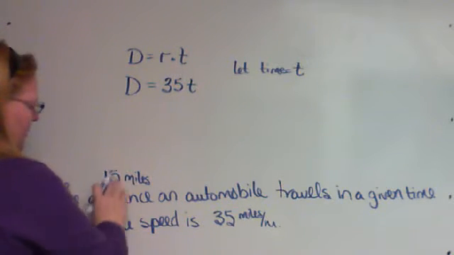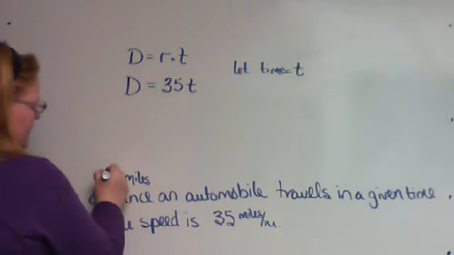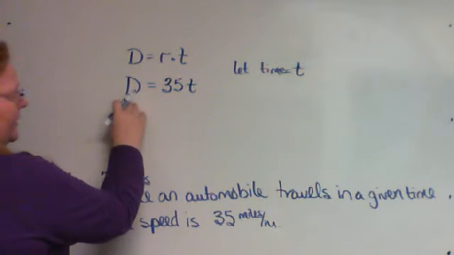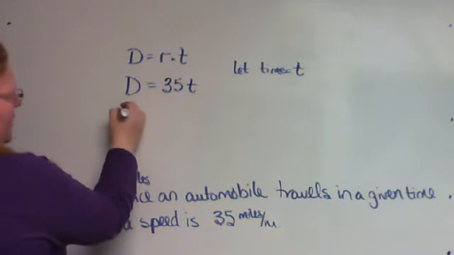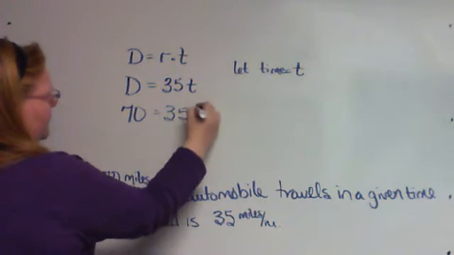Let's make it bigger. Just to make my life simpler, let's say the distance was 70 miles. So up here, instead of me writing the D in place of distance, I would put the 70. So 70 has to equal 35T.